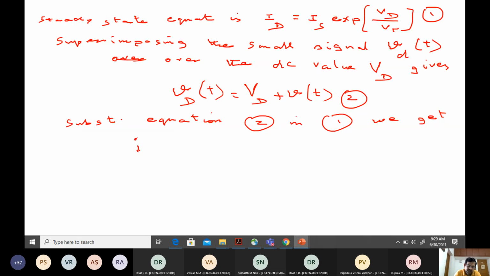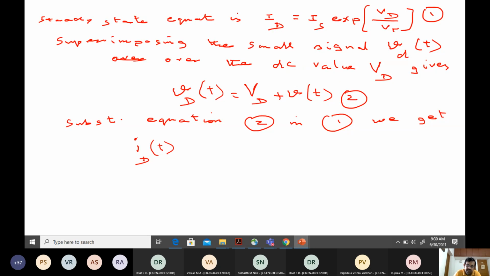So I will use the word small i and capital D, which is a function of time, equal to, because this equation is now changing because I'm superimposing a small signal.